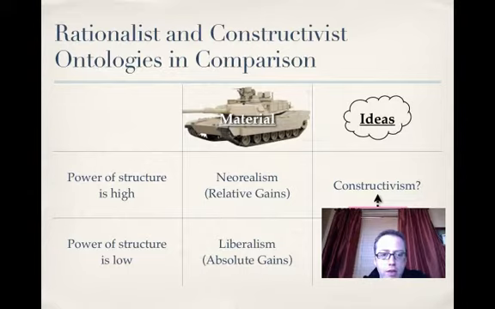So for that reason, liberals argue that the power of structure is low, that human beings can mitigate the power of anarchy to create paranoia. They can mitigate the prisoner's dilemma, and the actors can actually come through in the end and find peace and reconciliation with each other. So that's very interesting for us.